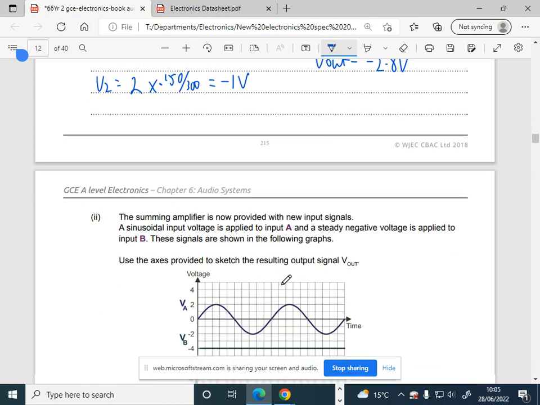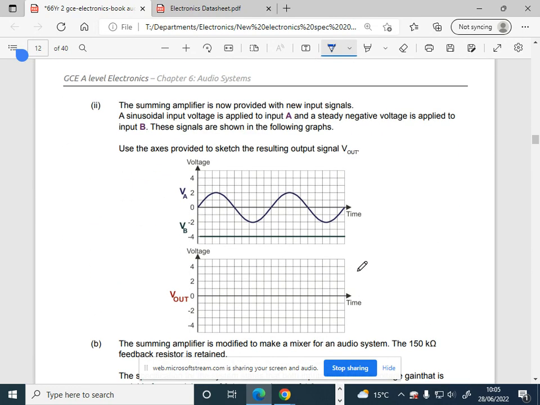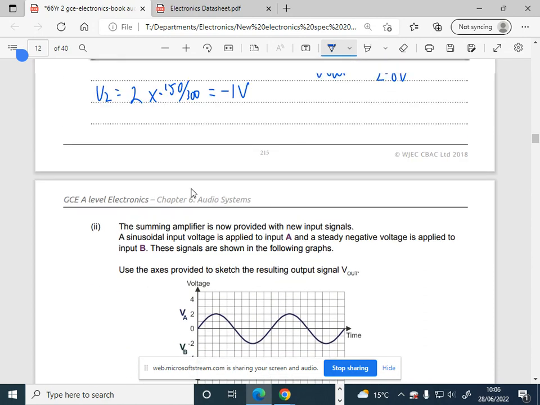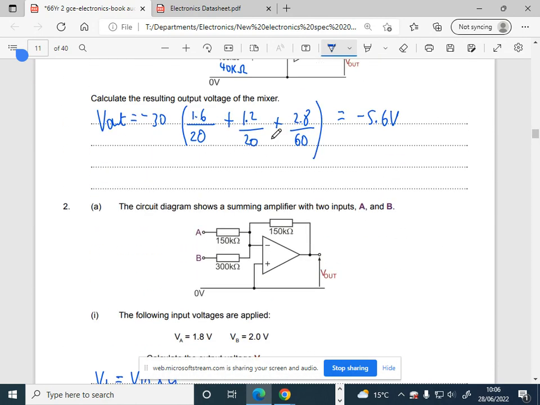Okay, moving on. Right, I'm just going to write the gains that we had from the previous question. Notice for this bit, it's basically saying that we've now got sine waves applied. We need to work out V out. So we actually do need to know the gains for this. If you did this method up the top here, you wouldn't know the gains.